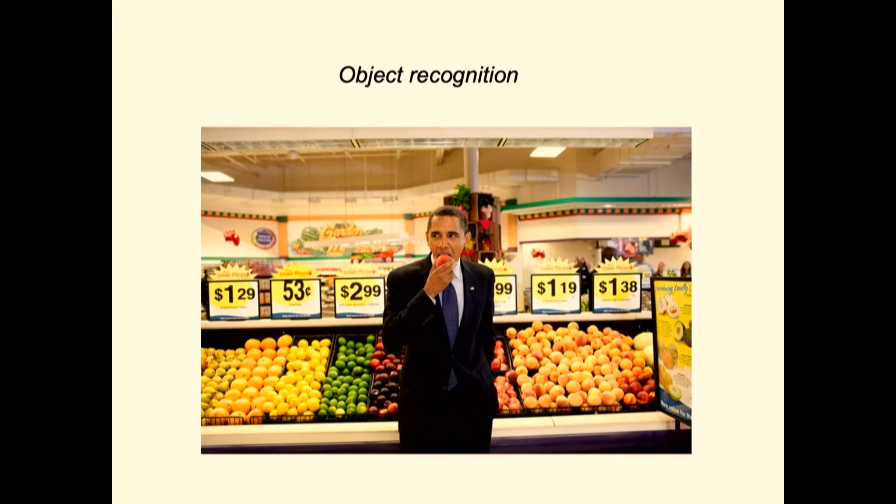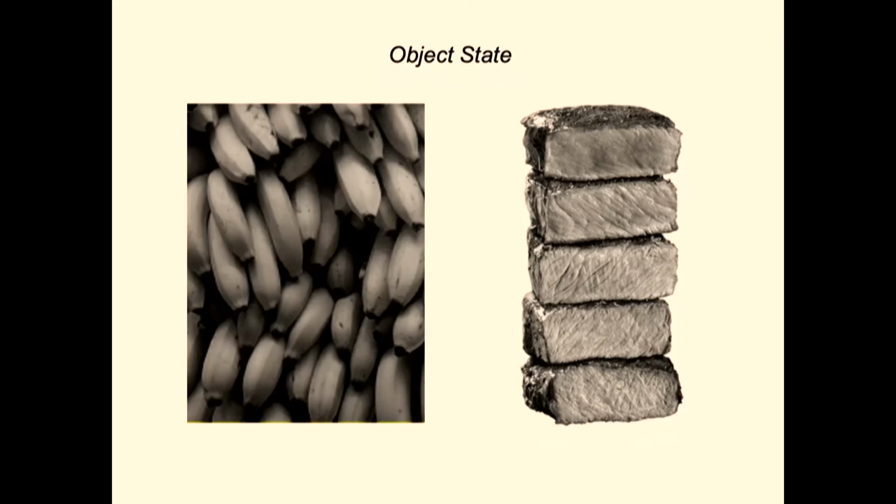Okay. Color also gives us information about object state. Those different pieces of fruit all look pretty similar, but some are a lot riper than others. Similarly, depending on your taste, you'd probably want to have some of these pieces of steak and not others, right? Okay. So it tells us about object state.